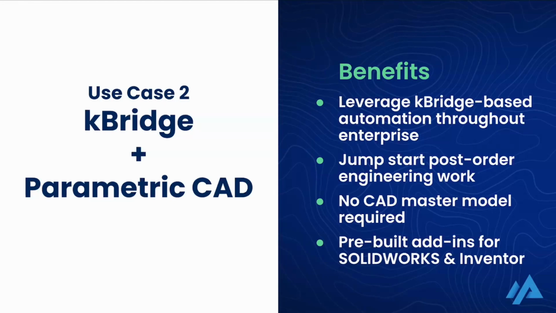But the benefits here are that there's a bridge, so to speak. The first example we're going to show will start in kBridge, and we can take the automation that happens within kBridge for an assembly of, we're going to use a mobile cart as the example, kind of a table that's on wheels. For that, I can configure it visually.